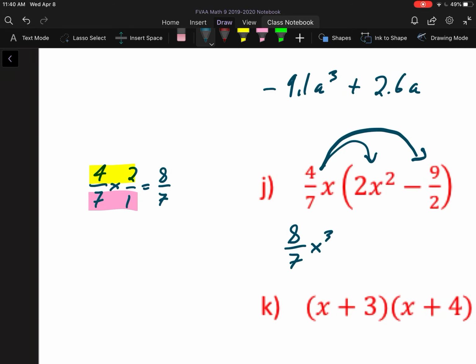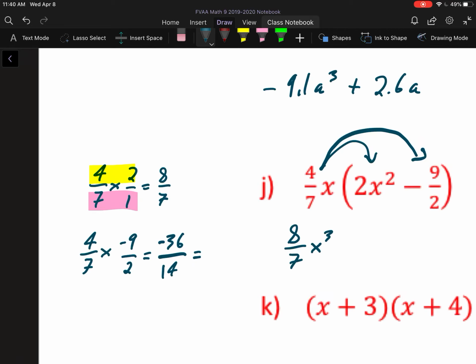So my fraction here is still 4 over 7 times negative 9 over 2. And that's going to give me negative 36 divided by 14. And this can be reduced by 2.